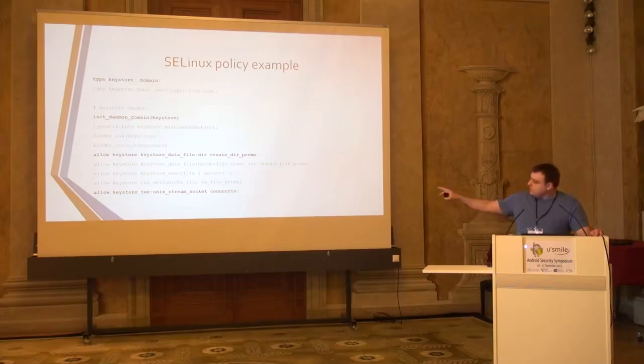And the bulk of the policy is those allow rules, which basically say that everything which executes within the keystore domain can, in this example, create directories within those directories that have the keystore data file type, or for example, connect to the sockets which have the TE type.